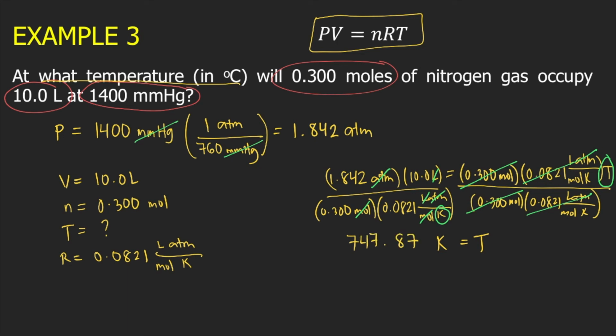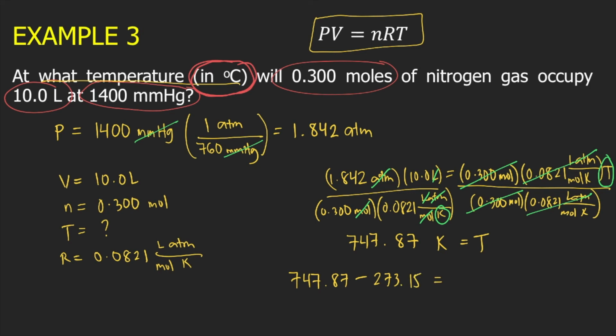747.87 Kelvin. However, this is not yet the answer. If you read the problem, it says here at what temperature in degrees Celsius. So your answer must be in degrees Celsius. So in order to convert the temperature from Kelvin to degrees Celsius, what you need to do is you need to subtract 273.15.